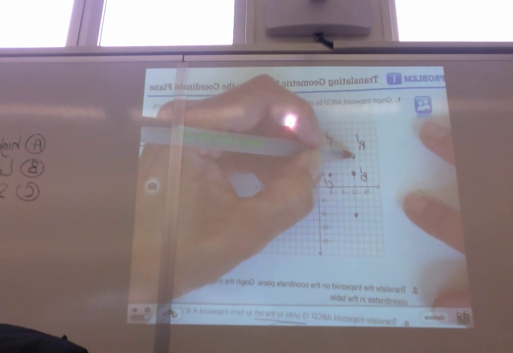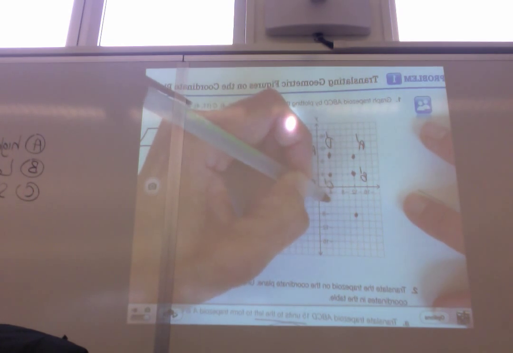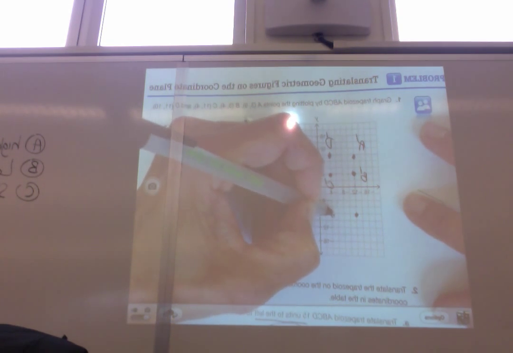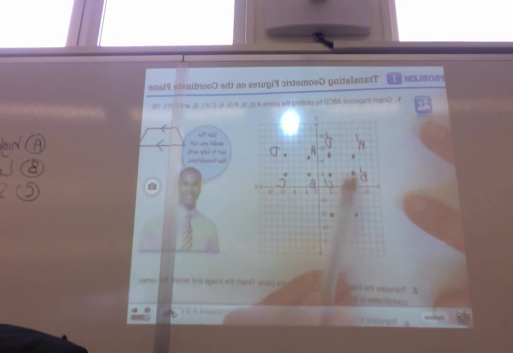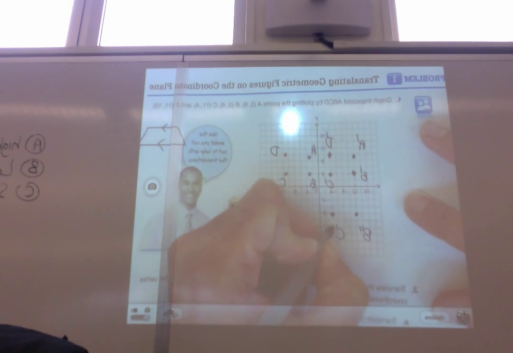Take the A down 12. Well, let's take the C down 12 because, again, it's on the line. That's going to make the counting easy. 2, 4, 6, 8, 10, 12. Good. It should have lined up with the old B. So this is B prime prime, C prime prime.